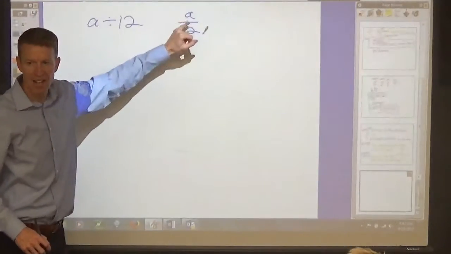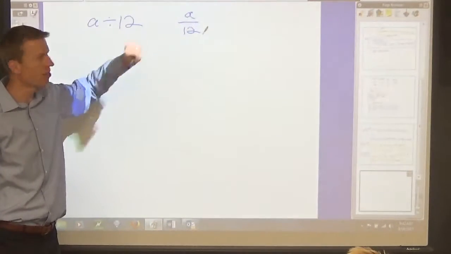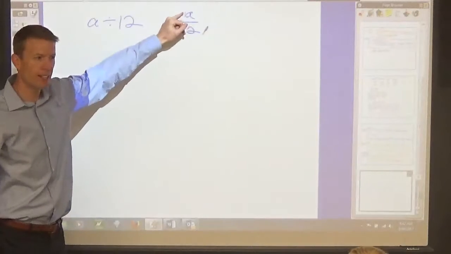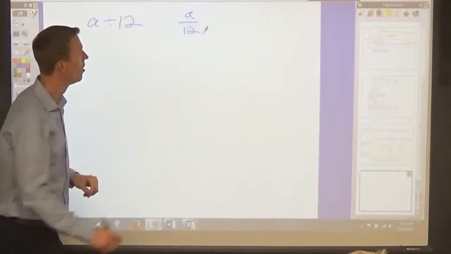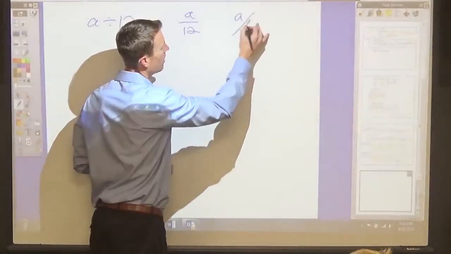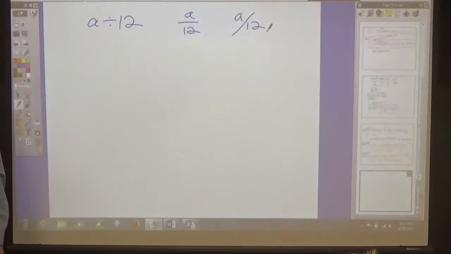There's the dividend and the divisor. Yes, divisor. And so we just read this top to bottom. A divided by 12. Okay? You could write it with a slash as well. This means division. A divided by 12. Okay?